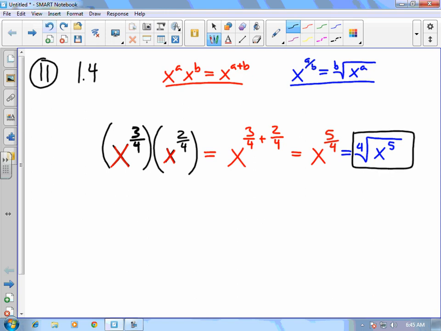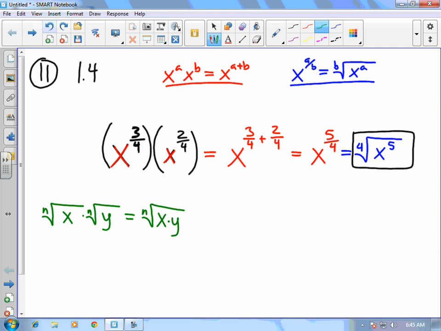But we can actually simplify this even more using another rule, and that is that if we have two roots, let's see, we'll write this one in green. If I have two roots that have the same index, let's write it down. So the nth root of a number x, times the nth root of y, I can combine those together and get the nth root of x times y.